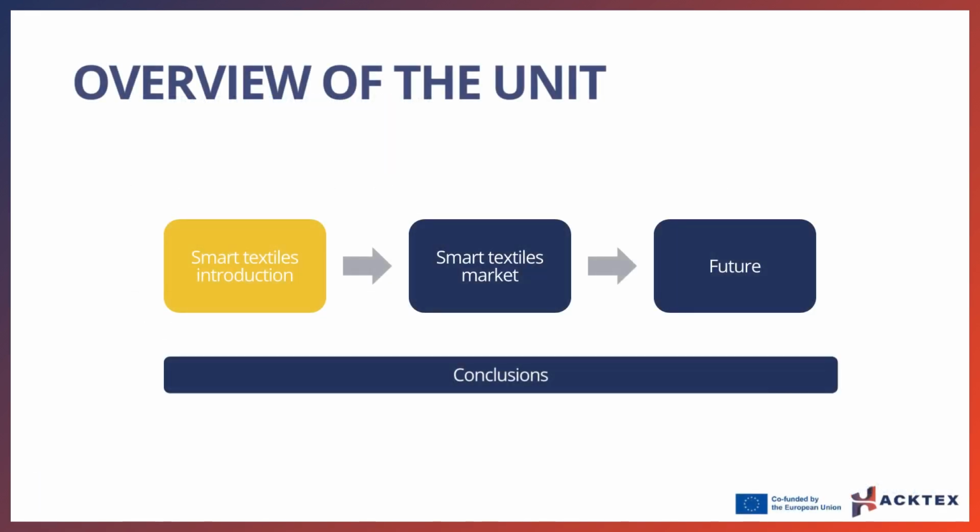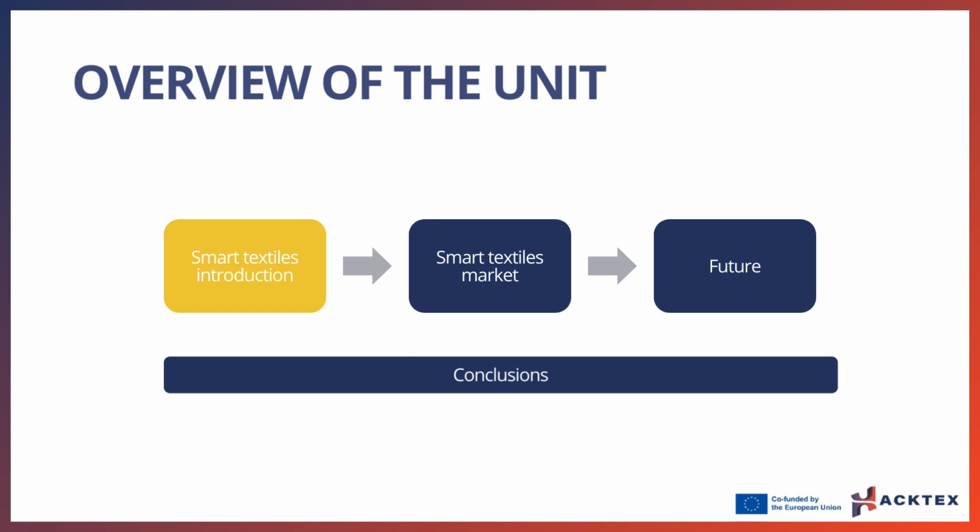The Introduction to the Smart Textiles Market unit is composed of 3 lessons. As already mentioned, this is the first lesson, and it is integrated by introductory contents to be developed in the following slides.